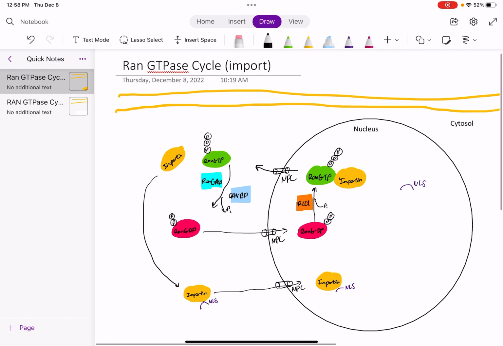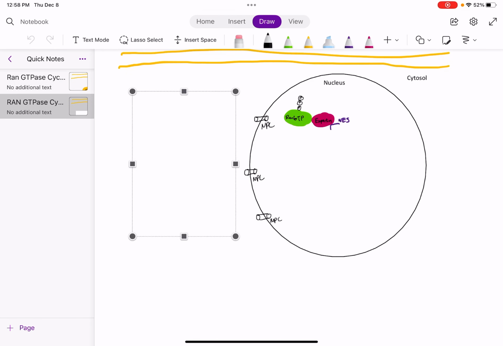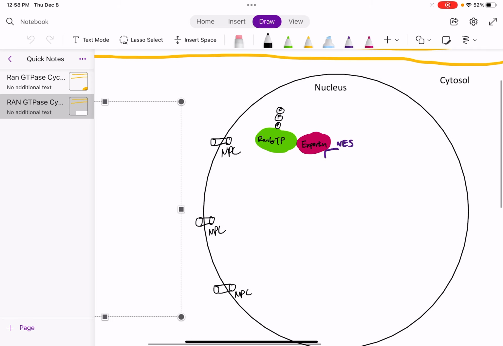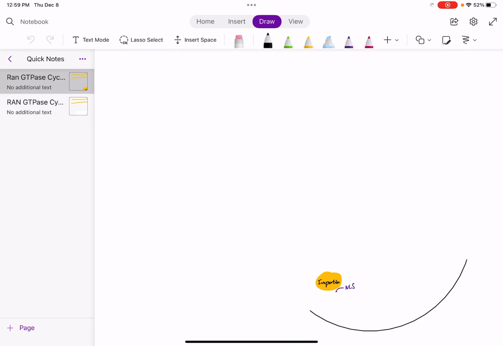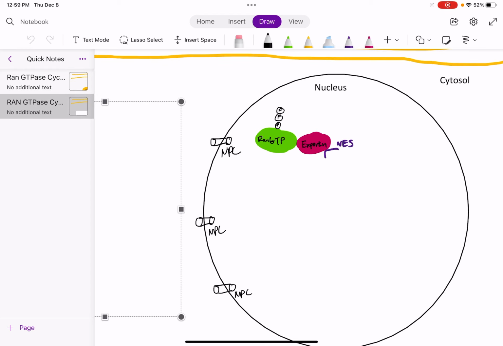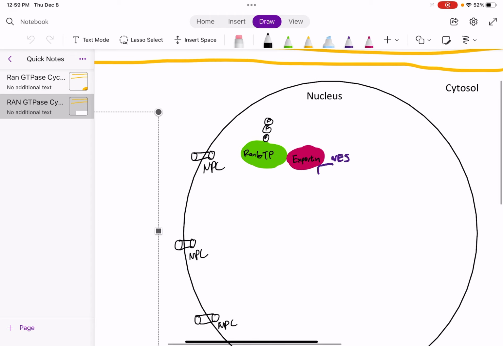Now that's for import. There's also a second variation for export, and what we start off with is RAN-GTP bound to exportin. Now, if you remember, importin is the protein for the import, but very similarly, exportin is the protein for export, and is also bound to a protein that wants to leave the nucleus.